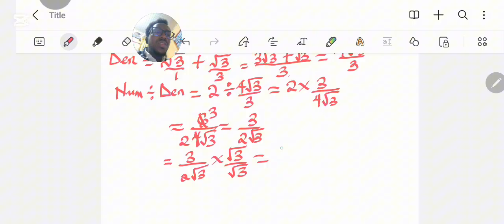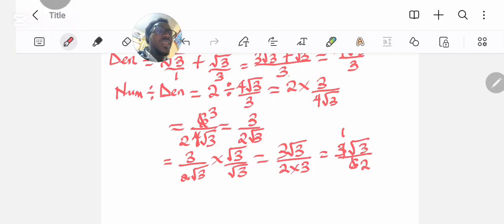So 3 times root 3 is going to give us 3 root 3 over 2 root 3 times root 3, which is going to give us 2 times 3. So we have 3 root 3 all over 6. 3 can go again, 3 here, 1. Please don't forget, never use this number that is encapsulated in the root, that's root 3.